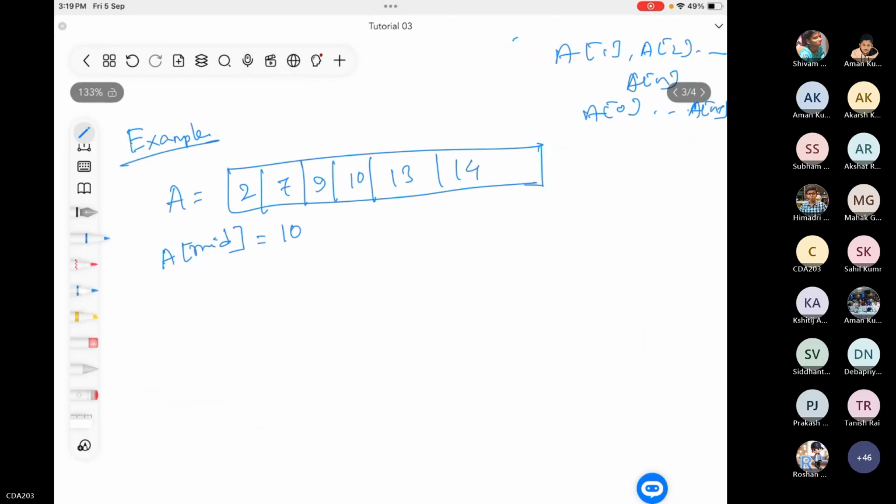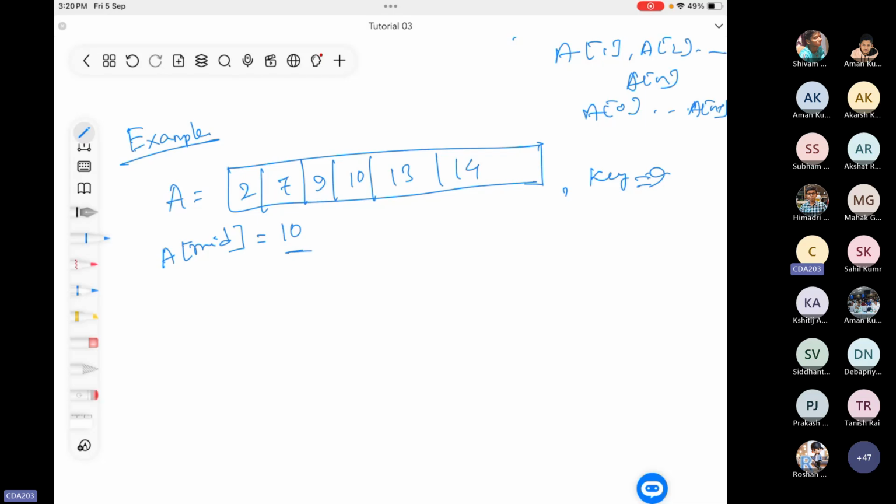Okay, fine. Now you have your middle, and your key, let's say, is 9. So your key is 9.